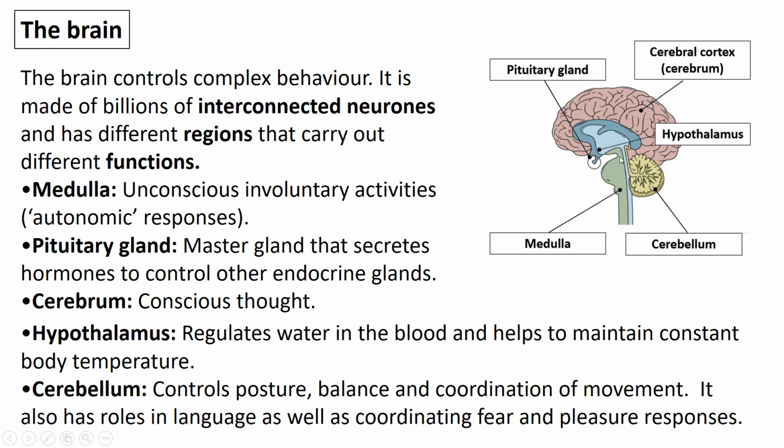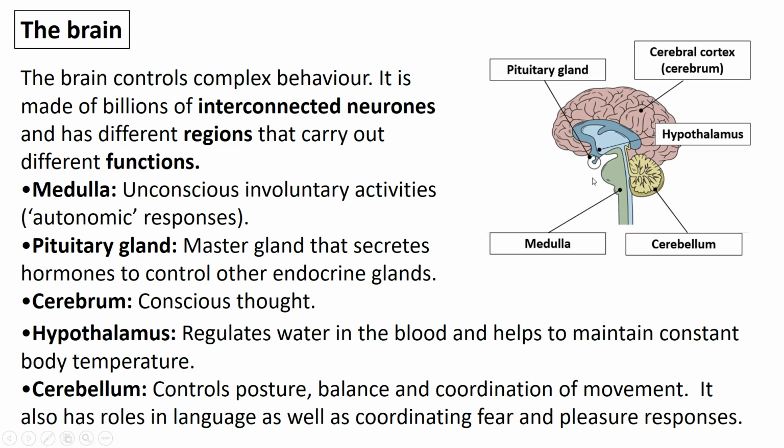The medulla, being in that main stem, has got really fundamentally important jobs. It's all our unconscious involuntary activities, which we call autonomic responses. Things like breathing, those things you don't need to think about but are fundamentally important to keep you alive. That's most likely to be regulated by the medulla region.